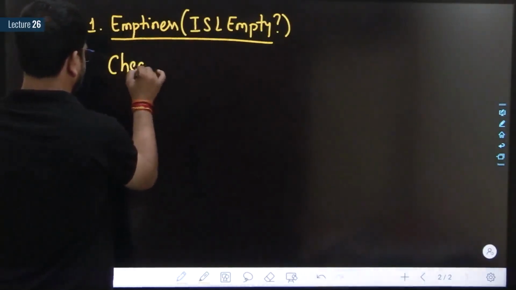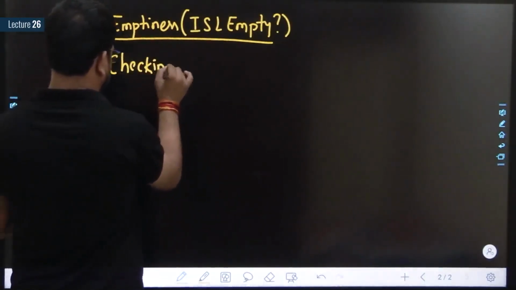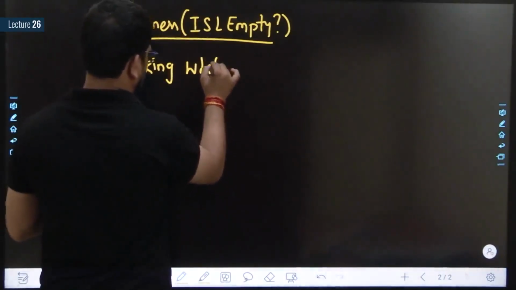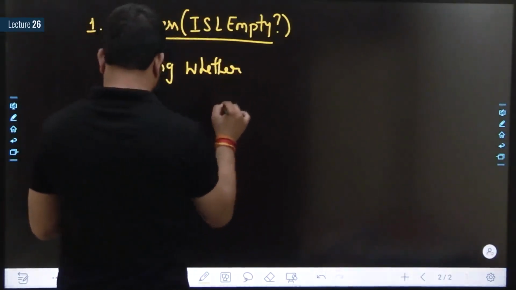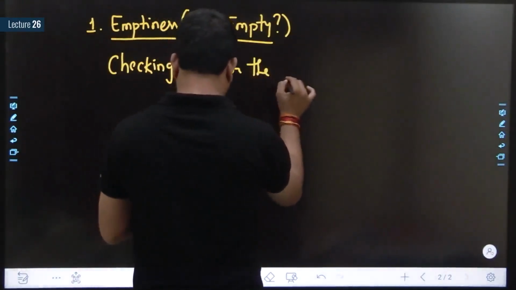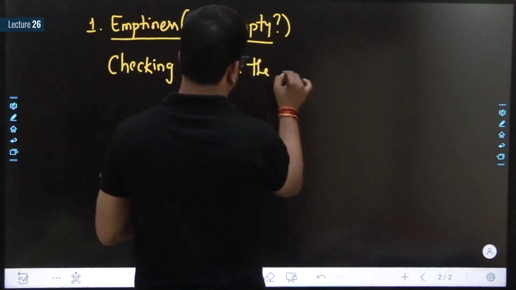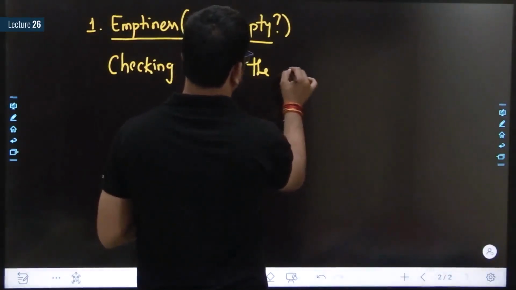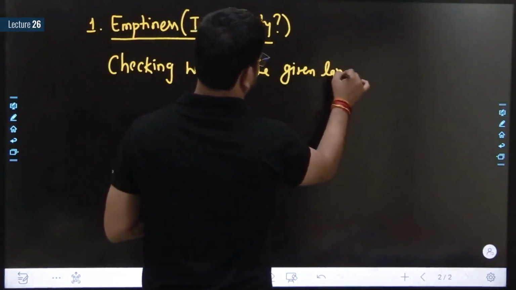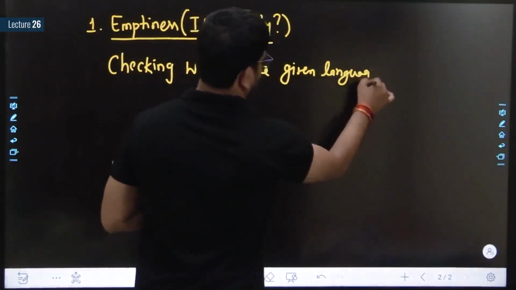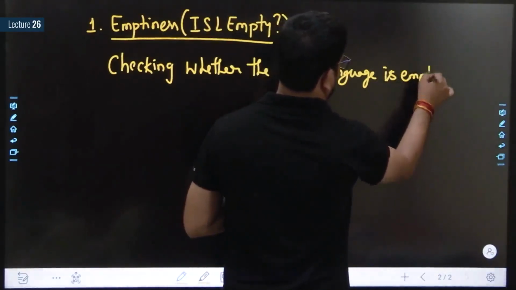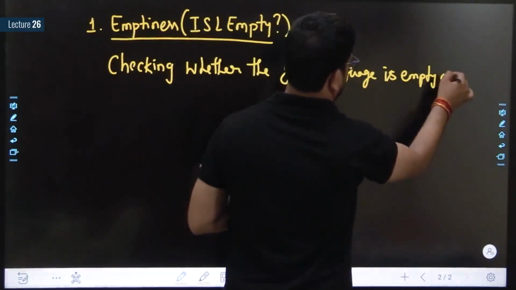Checking whether the given language is empty or not.